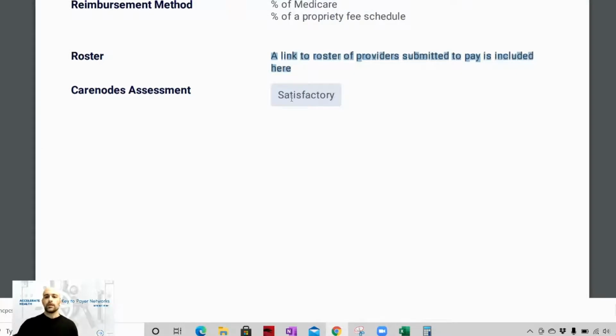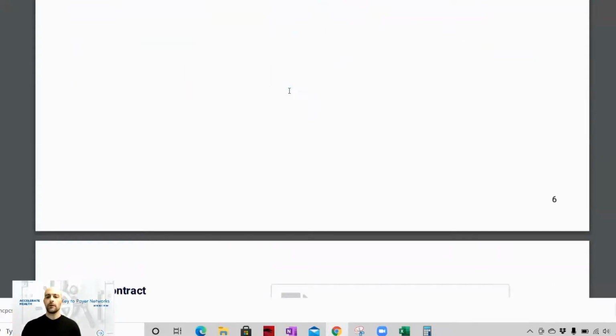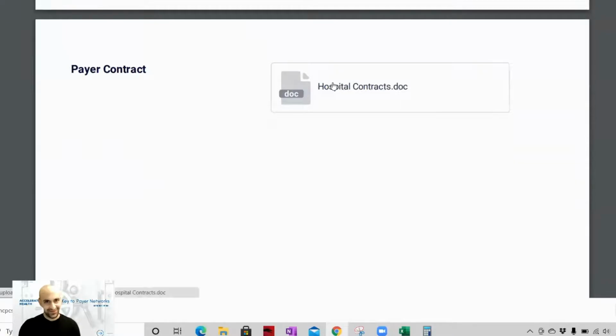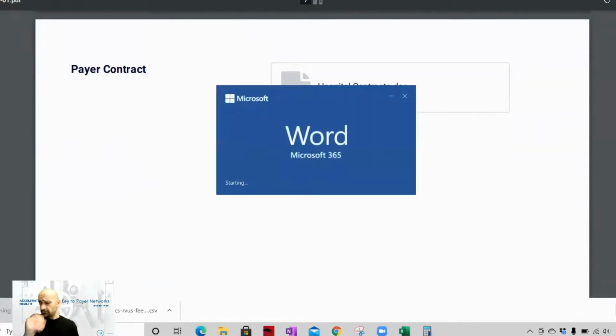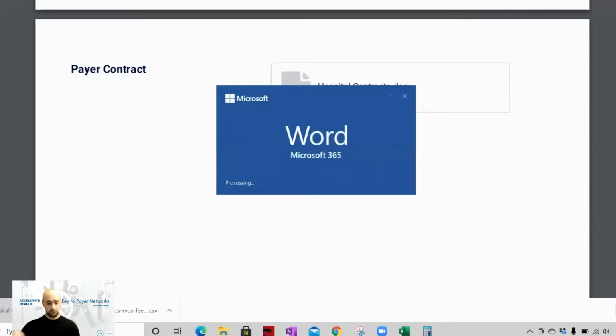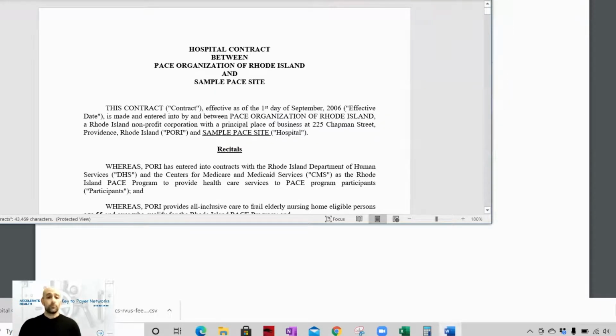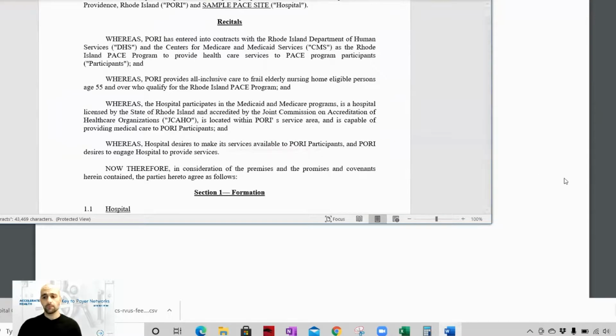Now, Carenodes' assessment, whether we think this contract is generally something we can accept. There are only two options there, satisfactory or not satisfactory. And a copy of the contract: if it's in negotiations, the Word file will have the red lines.